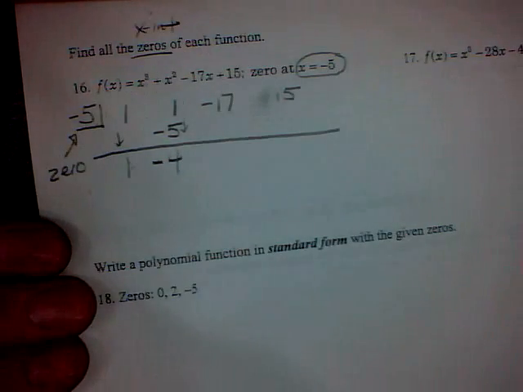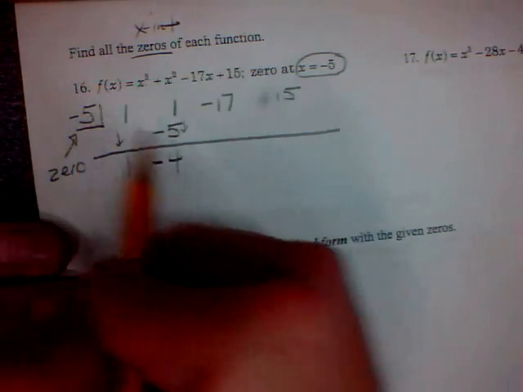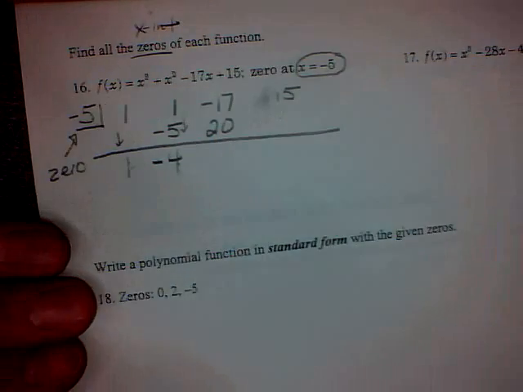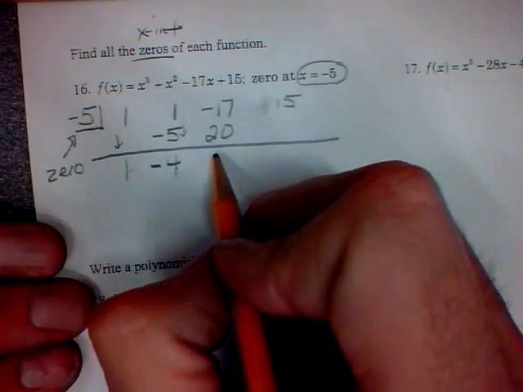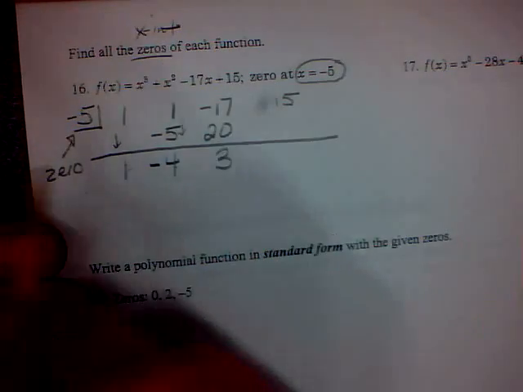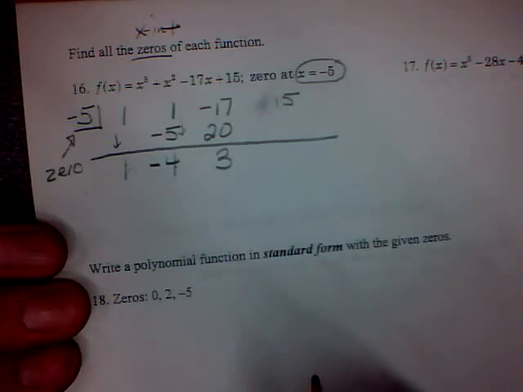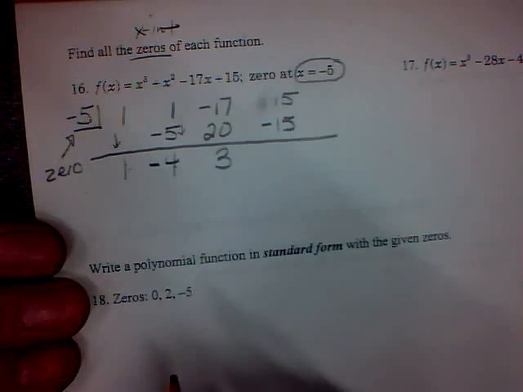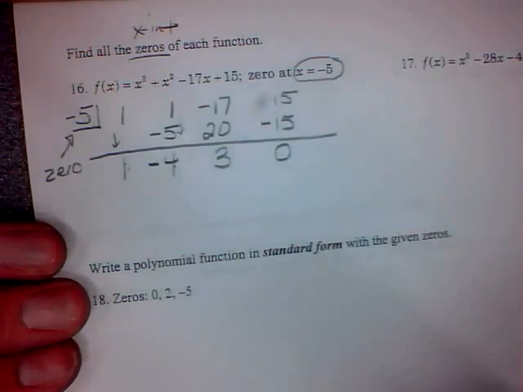Then we repeat that process again and again. -5 times -4 gets you +20. Add these two terms together, you get +3. Then repeat the process again. -5 times 3 gets you -15. And then 15 and -15 gets you a 0.